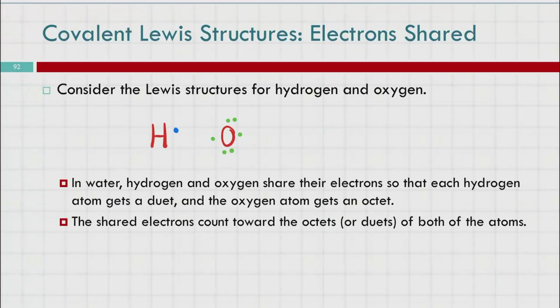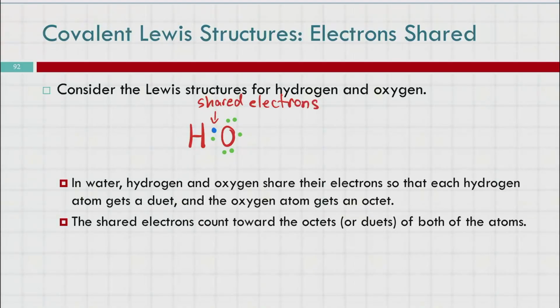We can share electrons between our hydrogen and our oxygen. Boop. So now our hydrogen and our oxygen are sharing these 2 electrons. What this means is that these 2 electrons count for the valence shell of the hydrogen. Hydrogen needs a duet.